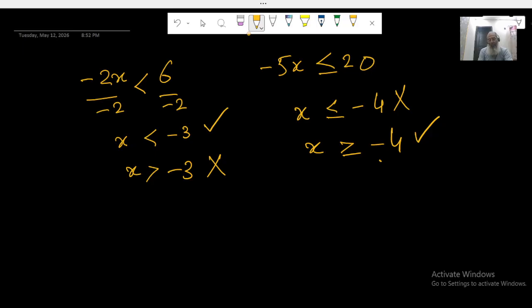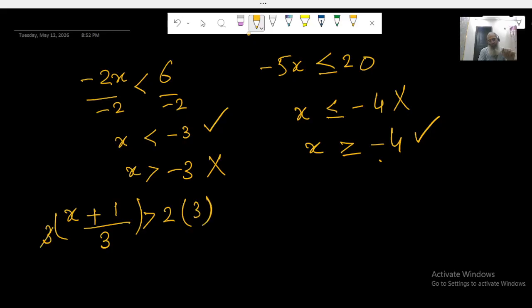And if you have a fraction in an inequality, like here (x plus 1)/3 is greater than 2, a smart trick is to multiply both sides by 3, the denominator. Here and here multiply by 3.